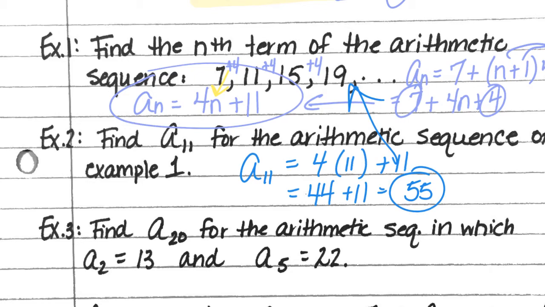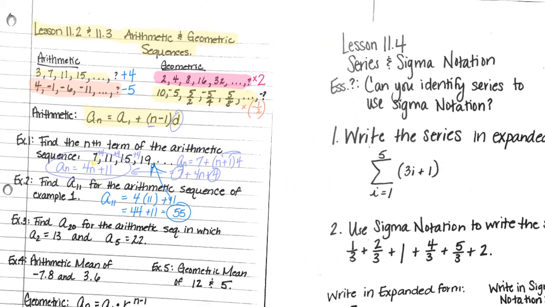All right, so if we have to find this, we are going to set this up as a system of equations. So let's use this area right here, and we're going to write this as a system of equations. The first thing that we need to know is our formula: a sub n is equal to a sub 1 plus n minus 1 times the common difference.